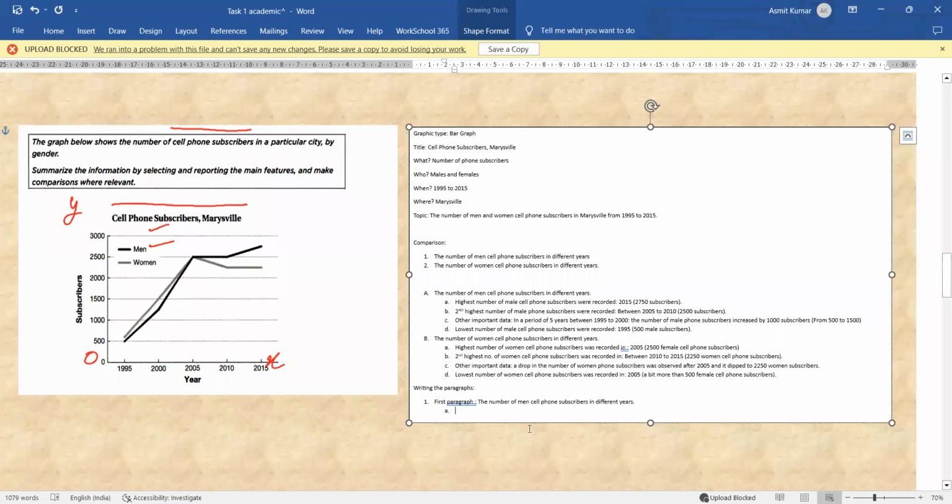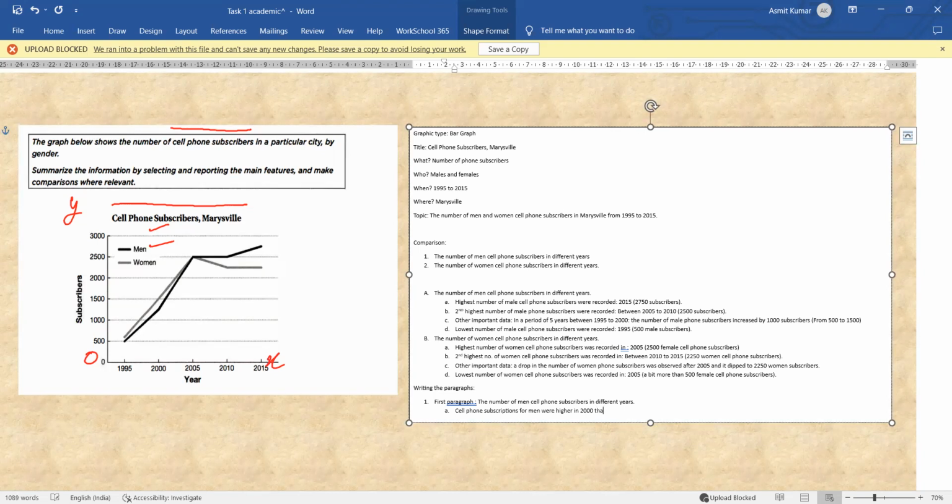Here, the very first point we can write cell phone subscription women were higher in 2000. If you will see the diagram, it was higher in 2000.